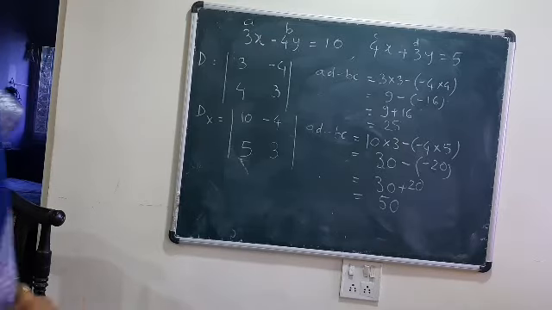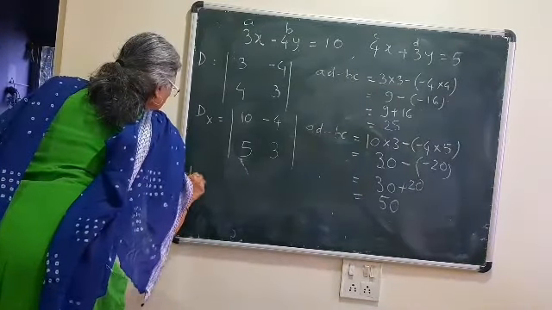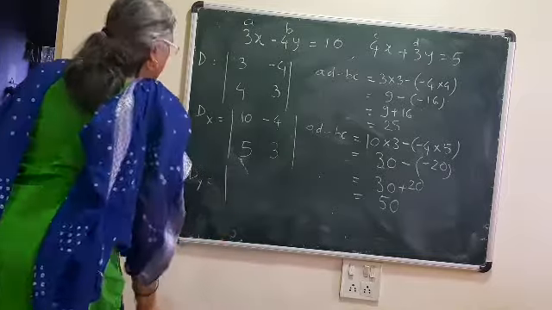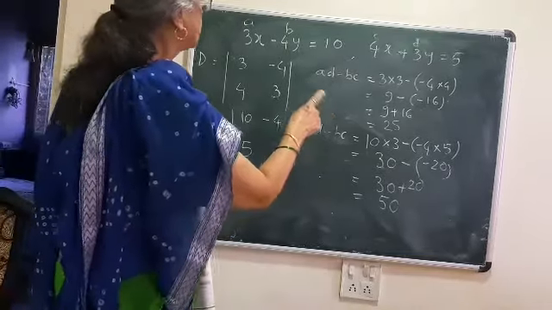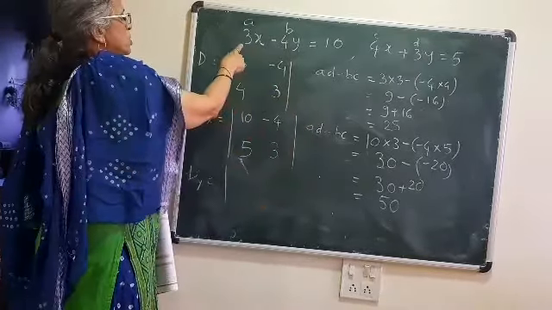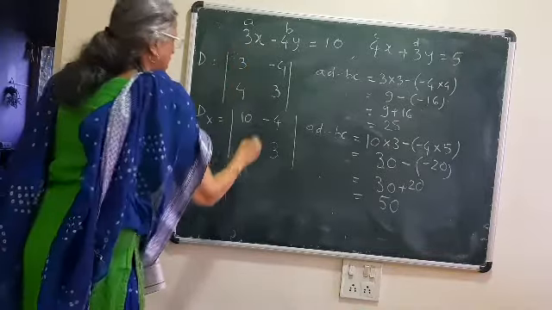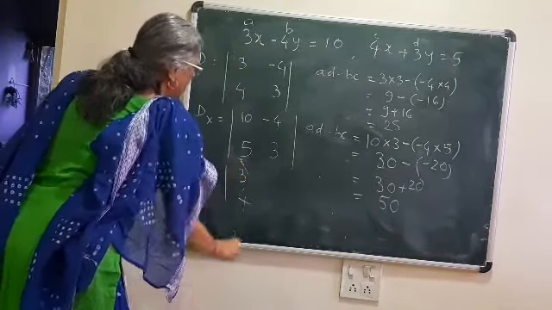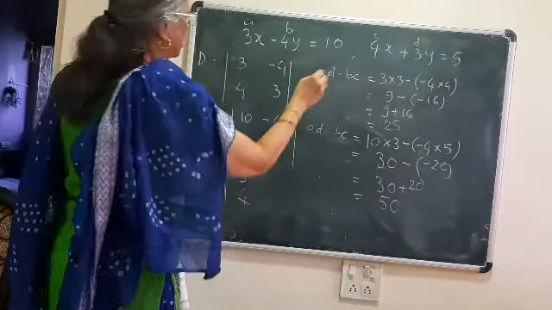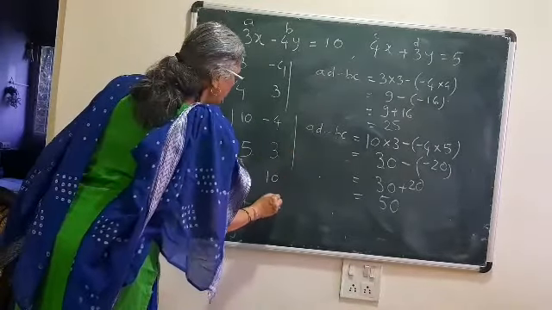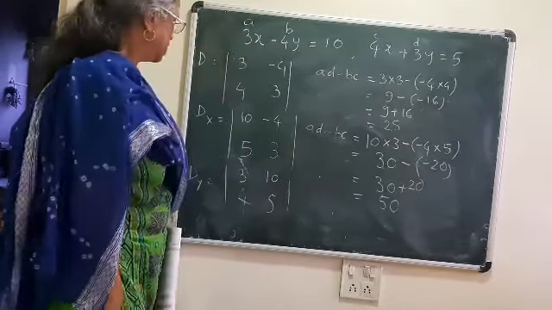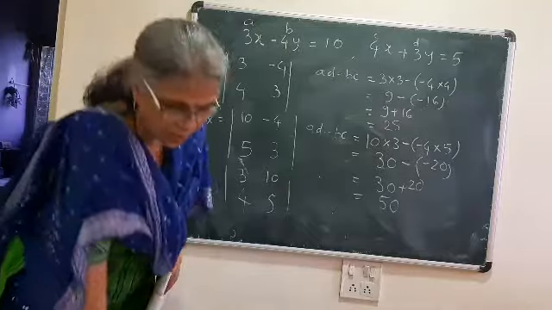Then you can find out the value of Dy. For that you are going to consider the coefficients of x first. So the coefficients of x are 3 and 4, and then we are going to consider the constant terms 10 and 5. Followed? So what will be Dy?